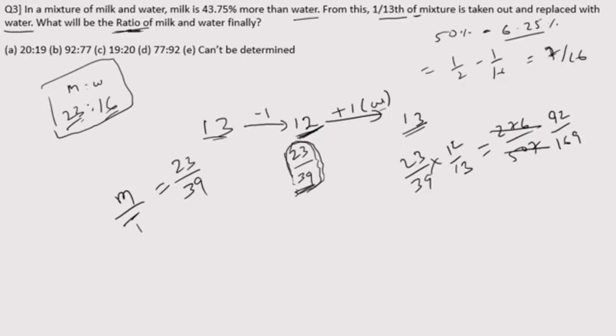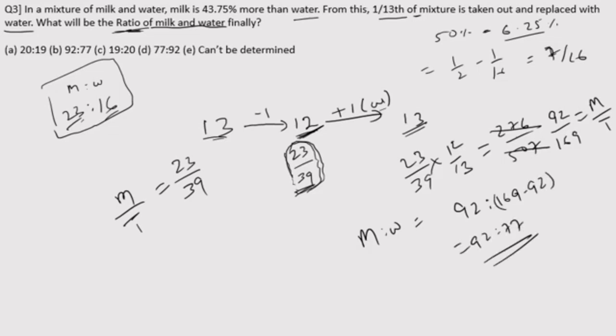This is basically milk by total. But we need ratio of milk and water. We need milk is to water ratio. So this is 92 is to 169 minus 92. This is how much, guys? This is 92 is to 77. So option B has to be my answer.